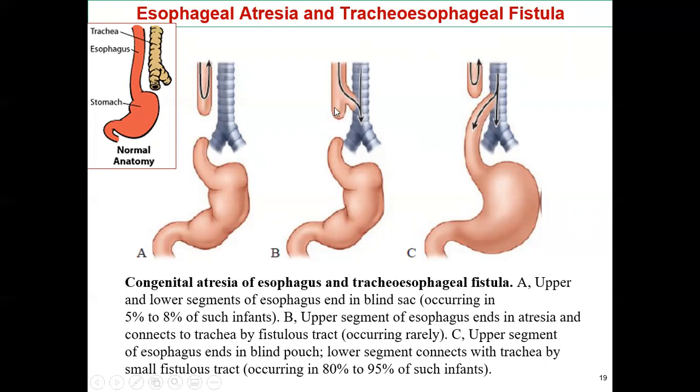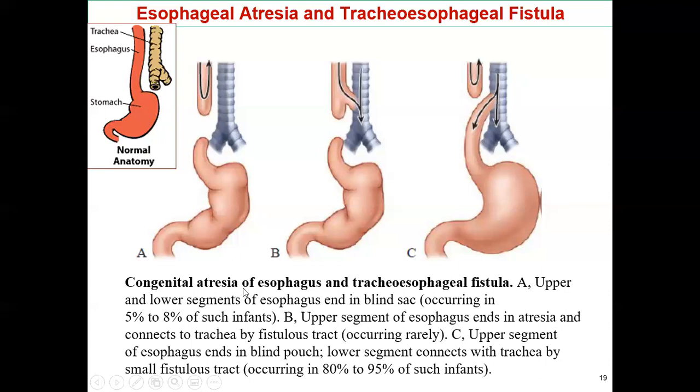And in this picture, not only does the esophagus form an abnormal tract to the trachea, this is the upper portion from the trachea. Here we can see the lower part of the esophagus forms an abnormal tract with the trachea. So food has a chance to go to the lungs and air comes to the GIT.